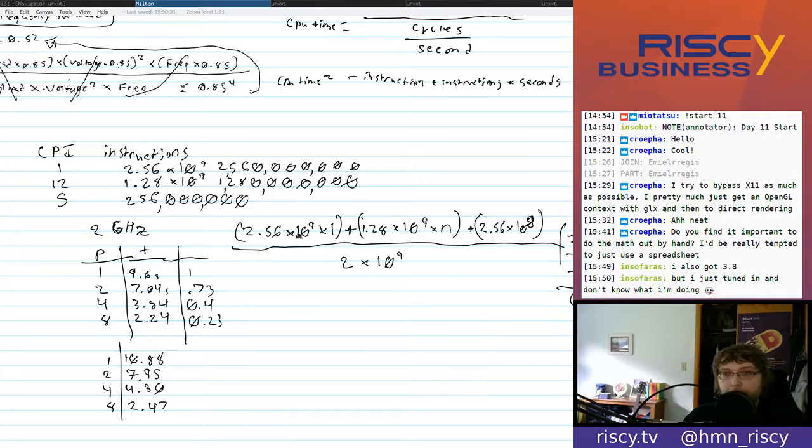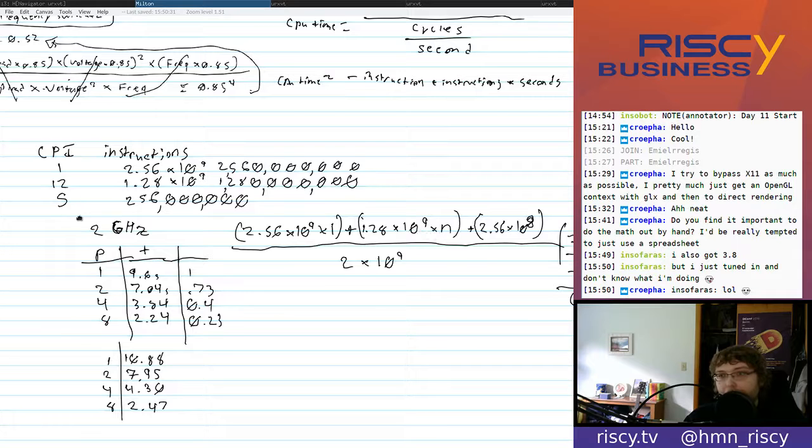So 2.56 times 10 to the ninth, that's the number of instructions for arithmetic, and there's a CPI of 1, okay? And then 1.28 times 10 to the ninth, that's the number of instructions for load and stores.